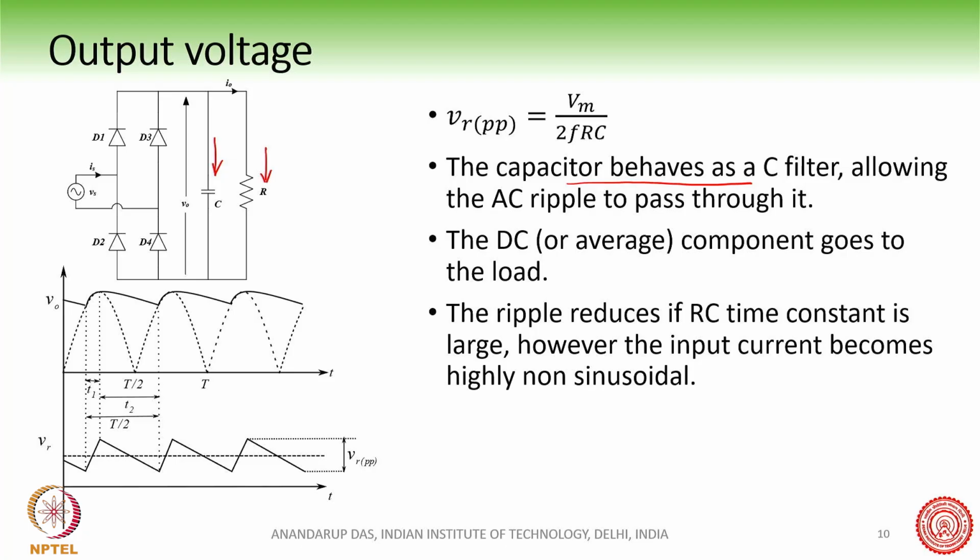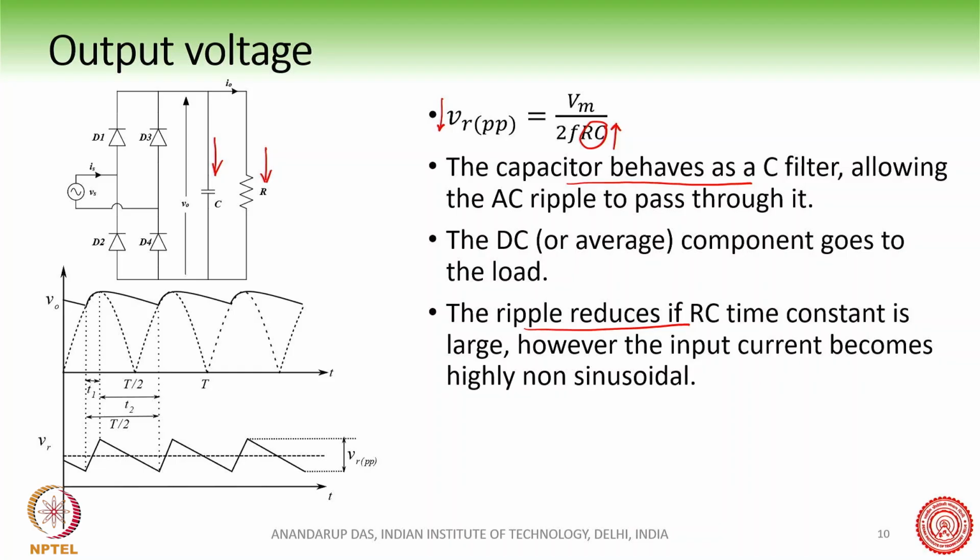We can also understand that the ripple will reduce if this RC time constant is large. The ripple will go on reducing. So if RC is large, VR peak to peak will go on reducing. If C is large, basically if the capacitor is large, then peak to peak ripple goes down.